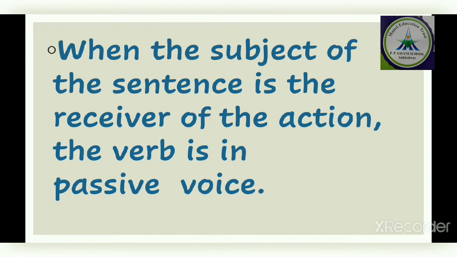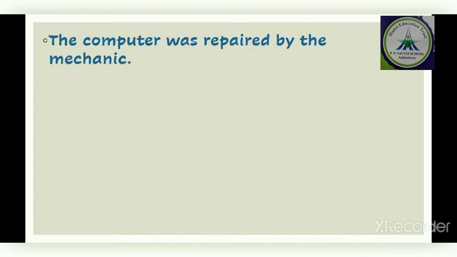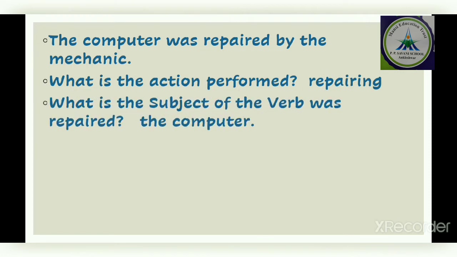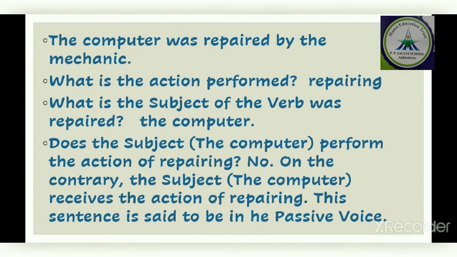Now, when the subject of the sentence is the receiver of the action, that means the subject is not performing the action but it is receiving the action, the verb is in passive voice. The computer was repaired by the mechanic. What is the action performed? Repairing. Correct. What is the subject of the verb was repaired? The computer.